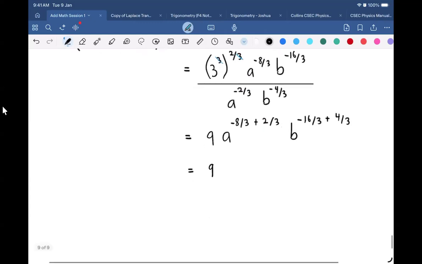All right. Then this is going to work out to be a to the power what? Negative 6 over 3. And this is going to work out to be b to the power of negative 12 over 3. All right. And so that's going to be 9a to what power?